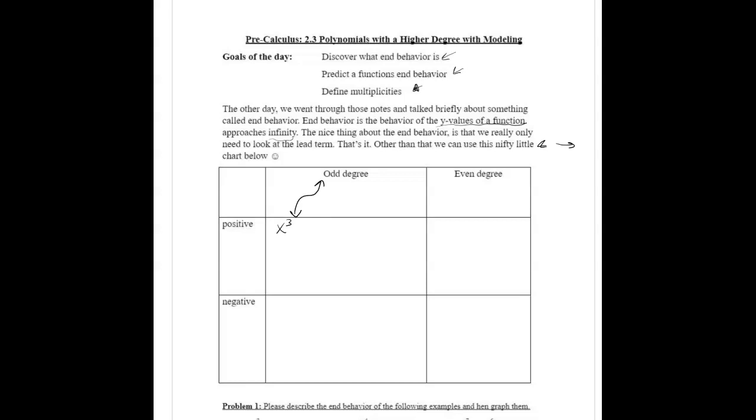So looking at this piece, my y values are going to continue to go down and down to the left as I am going to the left. So the limit as x approaches negative infinity, meaning I am going to the left with my x values, is negative infinity, which is my y values.